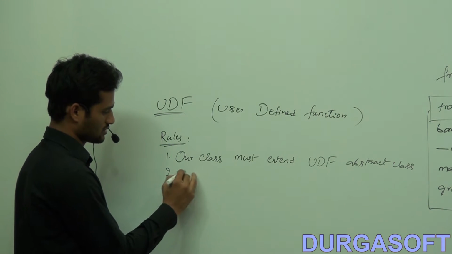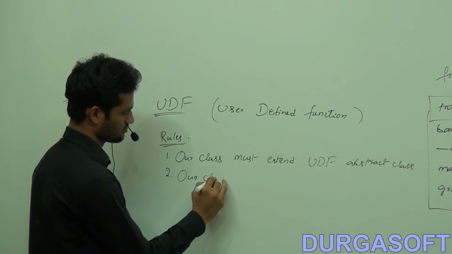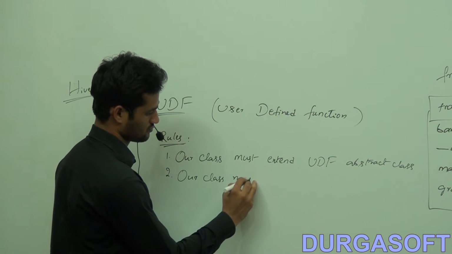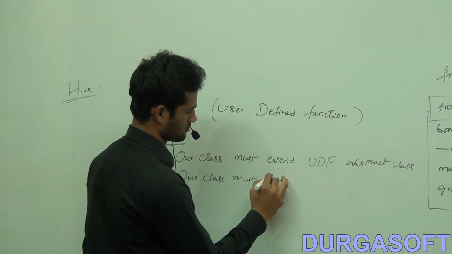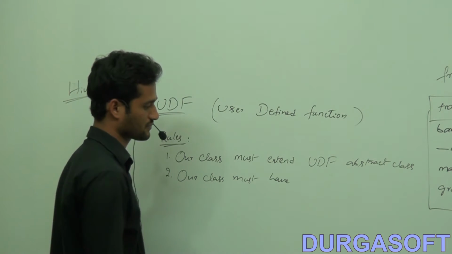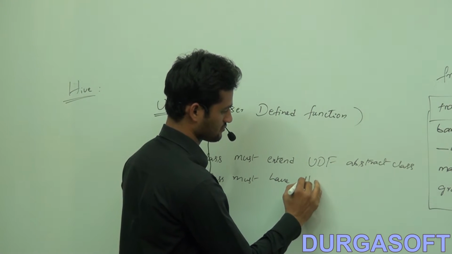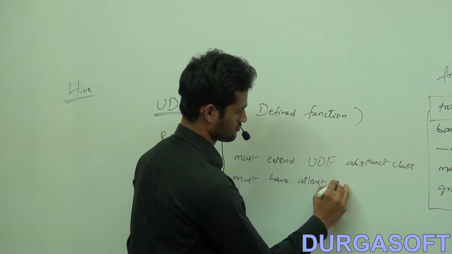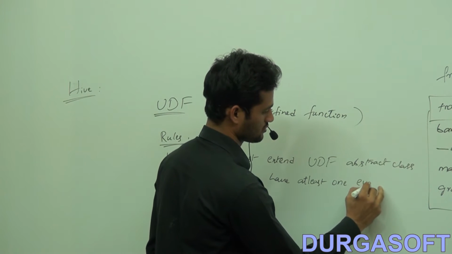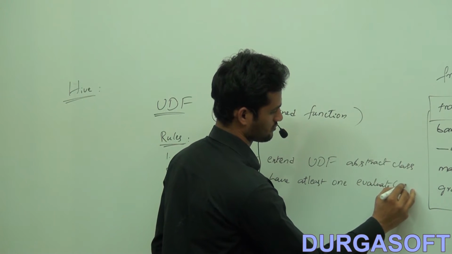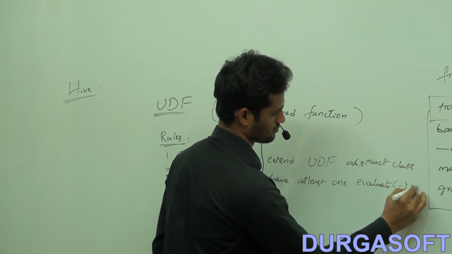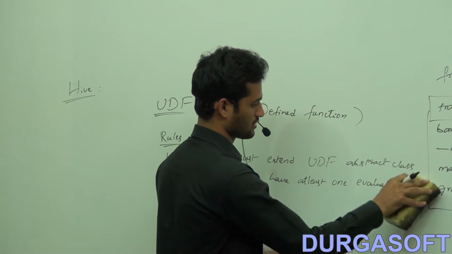Second rule: our class must have at least one evaluate method.